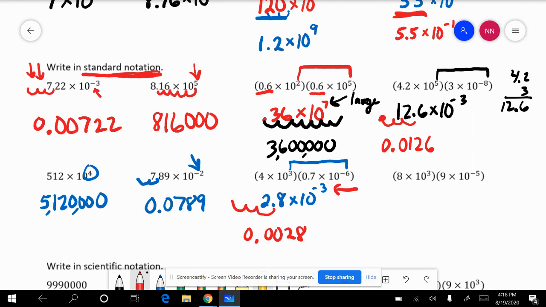And for my last one, 8 times 9 is 72. I add the exponents. I need a number in standard notation. So if I don't see a decimal, I know that it's at the very end. Since it's a negative exponent, I know it's going to be a small number. So I'm moving it over to make a small number, and I get 0.72.